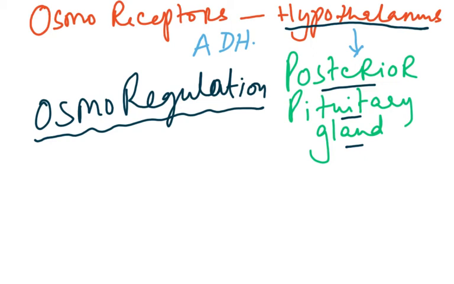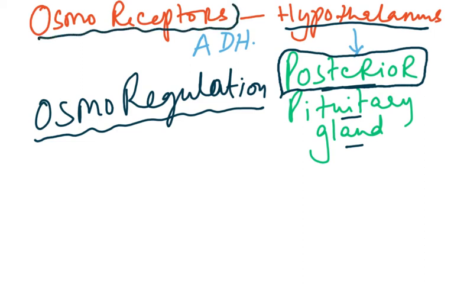So it is important that you remember this posterior pituitary gland. The water potential of the blood is constantly monitored by specialized sensory neurons in the hypothalamus, known as osmoreceptors.